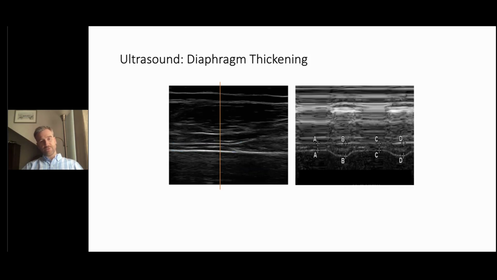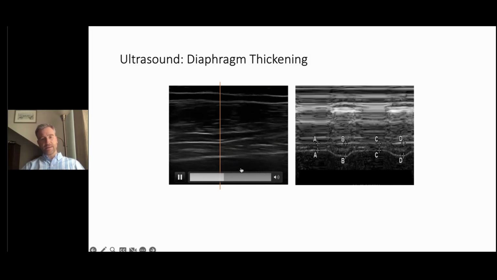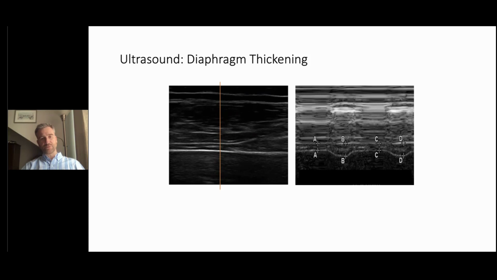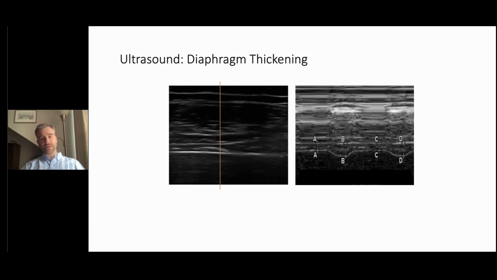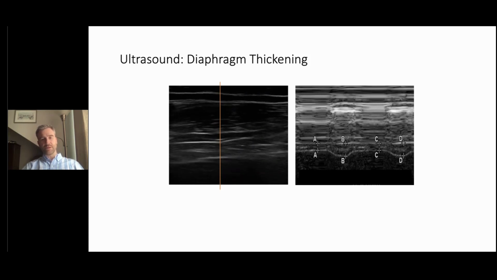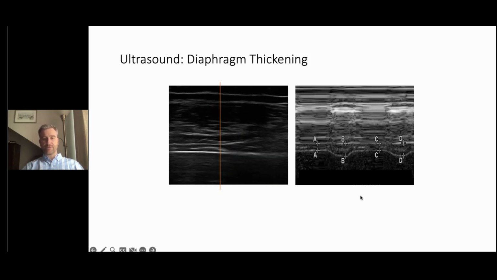If you visualize the muscle with the ultrasound and pick out the pleural and peritoneal lines here, you can see that as the patient makes an inspiratory effort, the muscle thickens, and you can use that thickening to assess its contractility or the level of inspiratory effort by the patient.